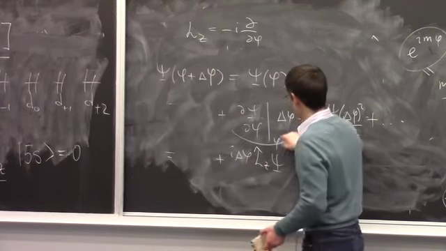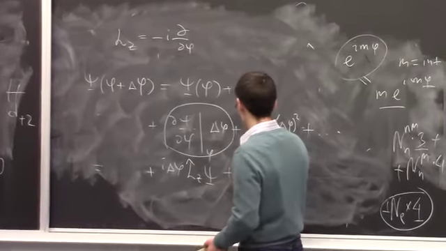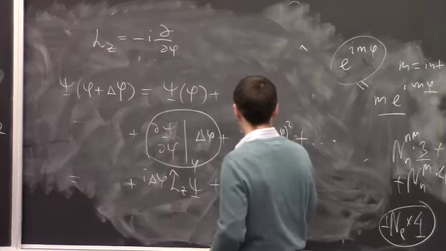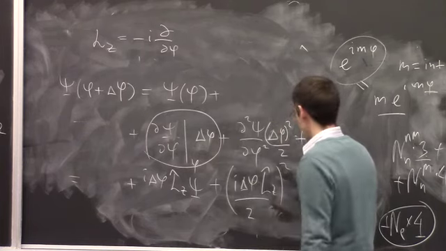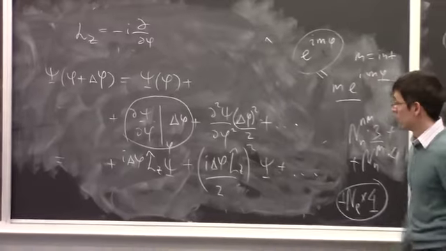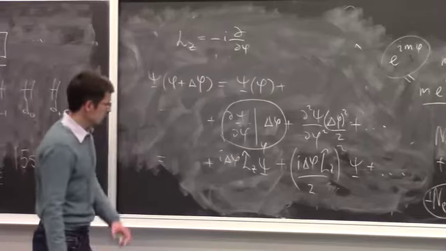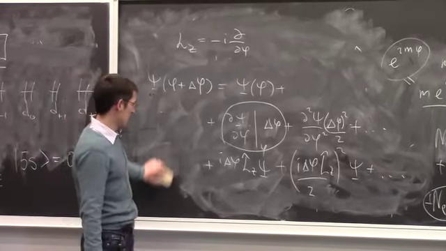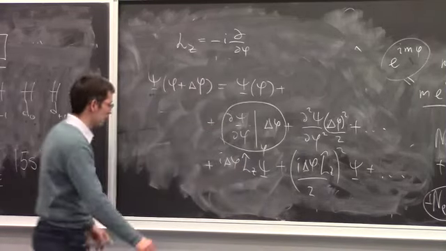That's this expression. The second derivative will be i delta phi Lz squared applied to psi. Then the third derivative, and so on and so forth. Essentially, we can now express the new function as a Taylor series where we use Lz in increasing powers.